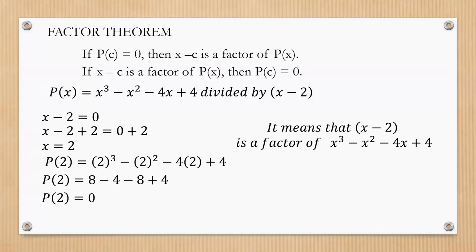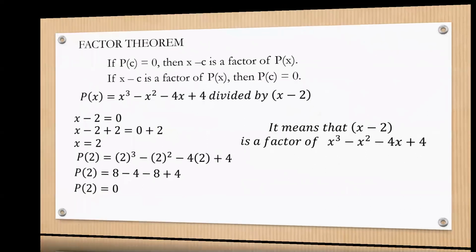It means there is an x minus 2 inside it. Okay, that's what it means. So, it means that x minus 2 is a factor. Without x minus 2, you cannot build x cubed minus x squared minus 4x plus 4. Okay? You cannot build that. If you remove it, the equation we have will change. So that's what it means.